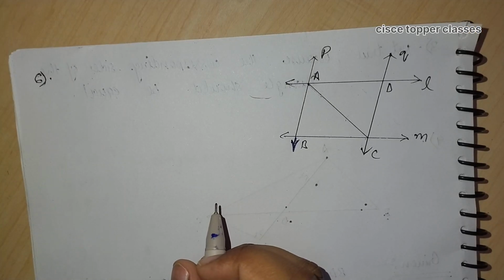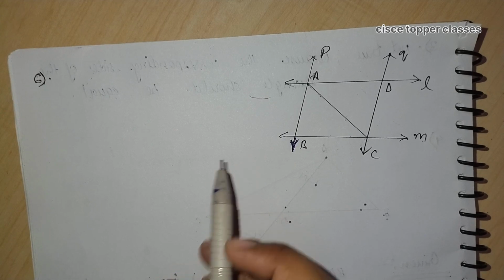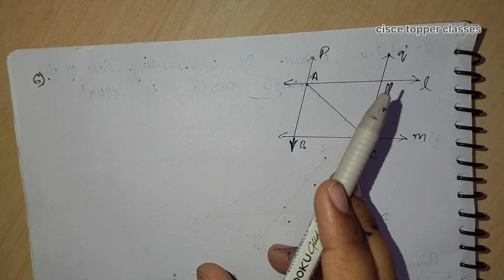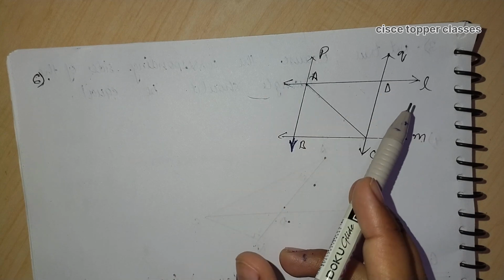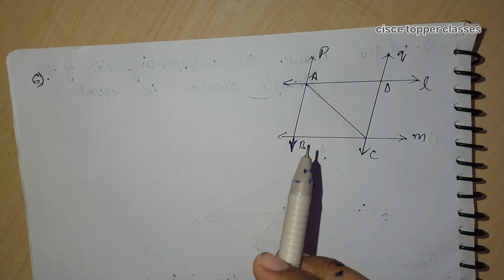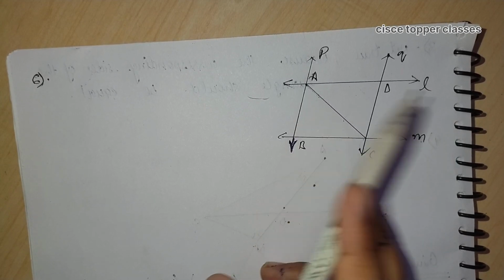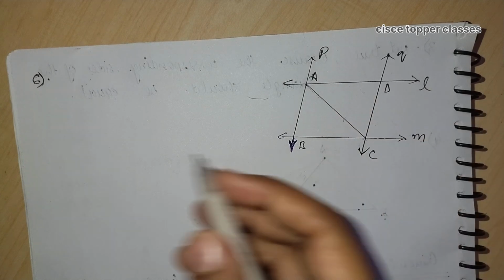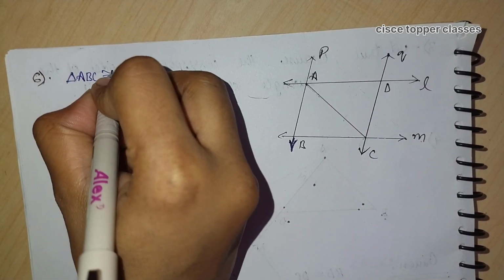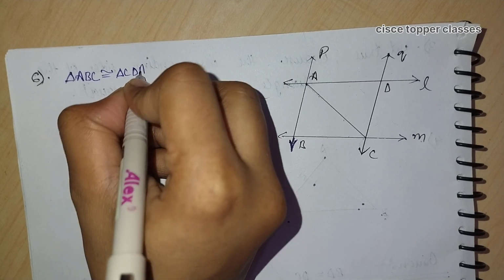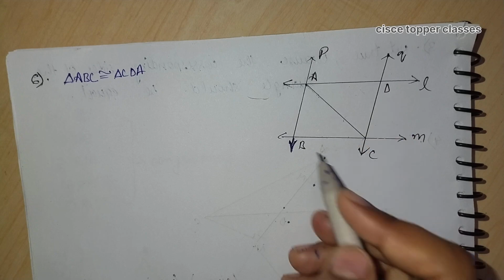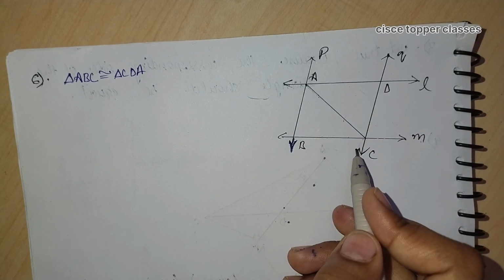Let us solve the sixth question here, which is: in the adjoining figure, L and M are two parallel lines intersected by another pair of parallel lines P and Q, so that triangle ABC is equal to triangle CDA. So because these are all parallel lines, to prove that triangle ABC is congruent to triangle CDA, we have AD equal to BC.